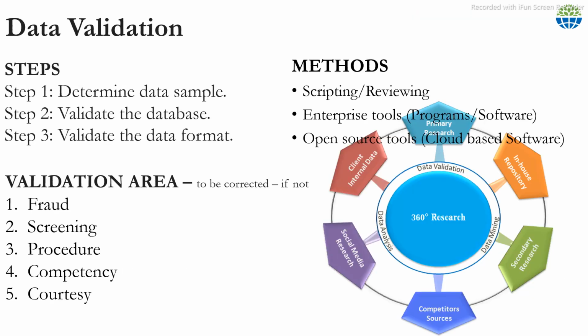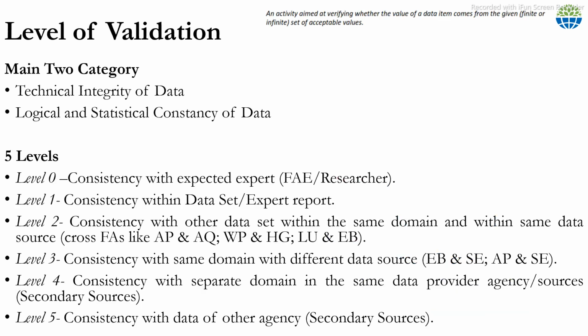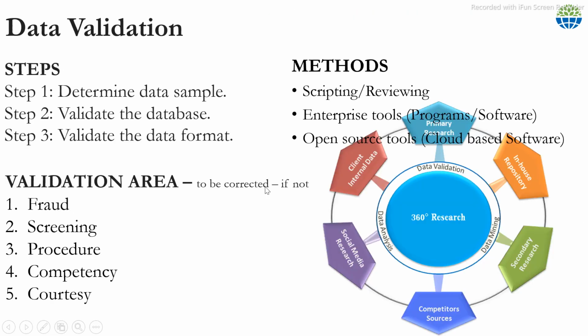So what are the steps in data validation? First, you can see three steps are there. First, determine the data sample, because in case of here you can say level 0. This is consistency with expected expert or the researcher doing the experiments. So we have to check how much data sample is there.